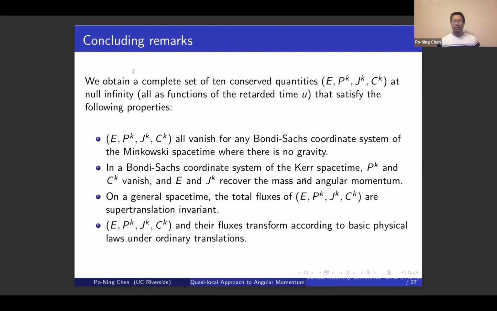So in curved space-time, this recovers what you expect. And in general, the total flux is supertranslation invariant. And under space and time translation, they behave according to the basic physical laws that you expect for ordinary transformation.